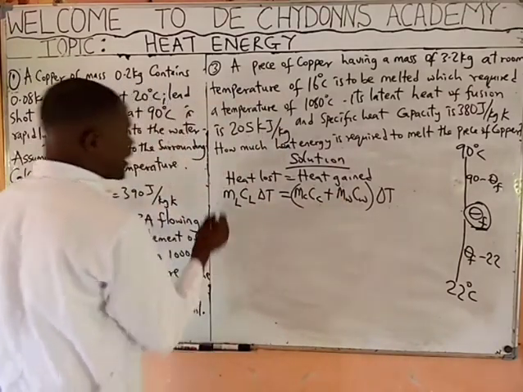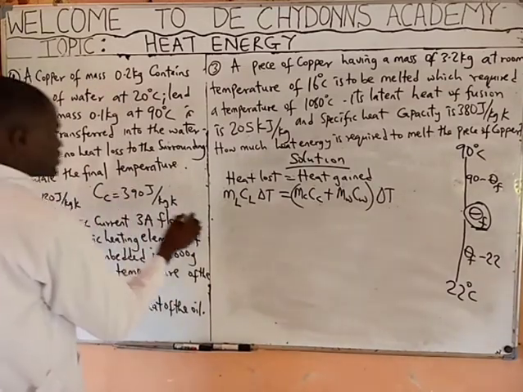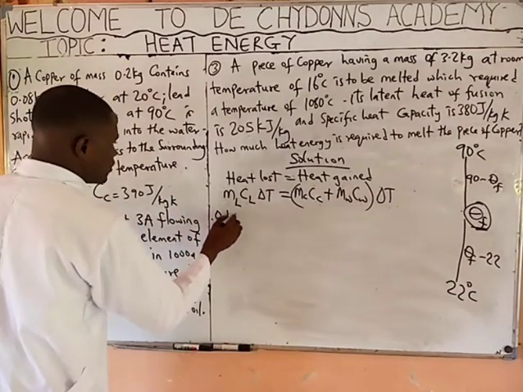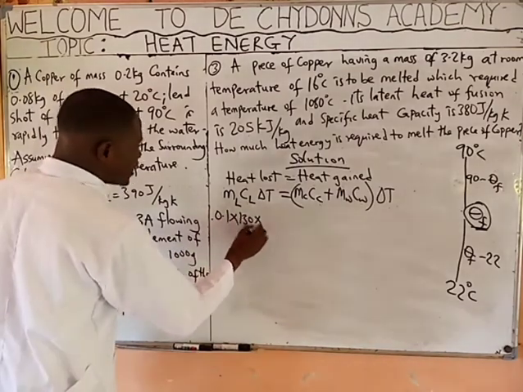So what is the mass of the lead? The mass of the lead is given to us as 0.1, times specific heat capacity of the lead, which is 130, times change in temperature.